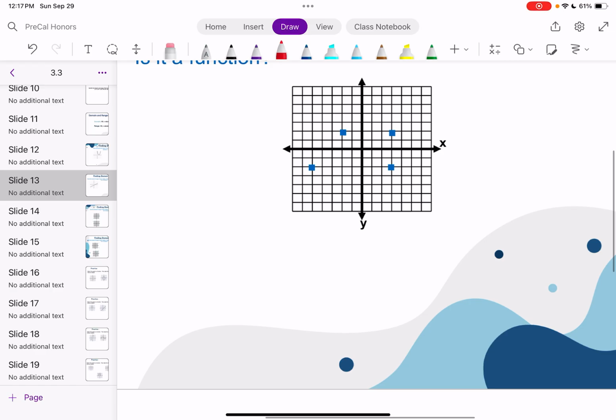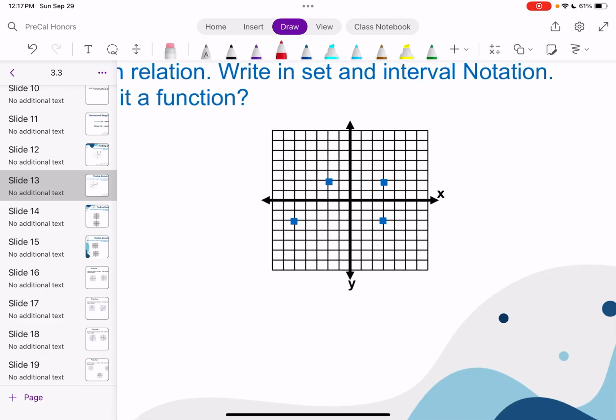In slide 14, in our second example, we can see that we do not have a line. All we have here are individual points that we have to take a look at. The first thing to do would be to go ahead and identify all of these points. So this would be (-2, 2).